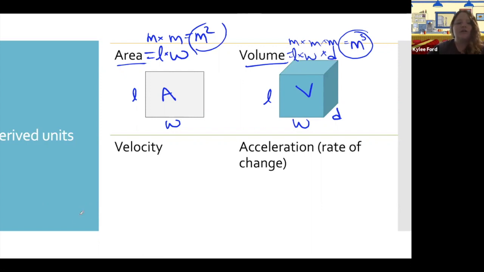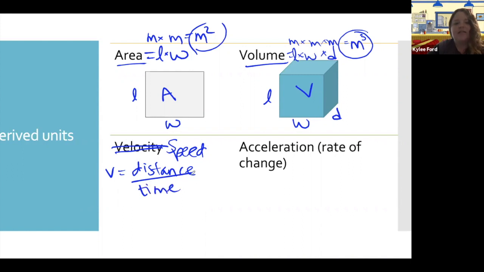Moving on, we have velocity and acceleration. Our velocity, we're really just going to look at as speed right now, so I should probably write speed instead. We want to be careful with that. We know our speed is some distance divided by time.